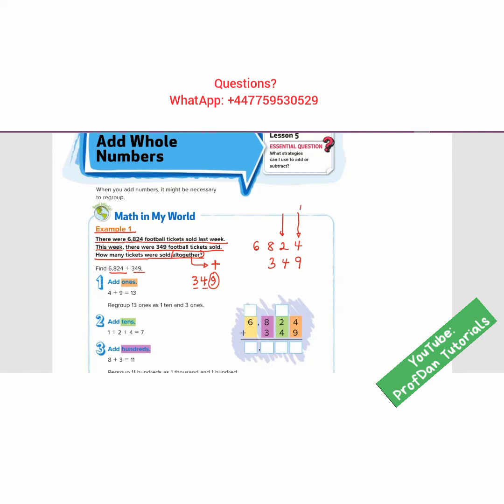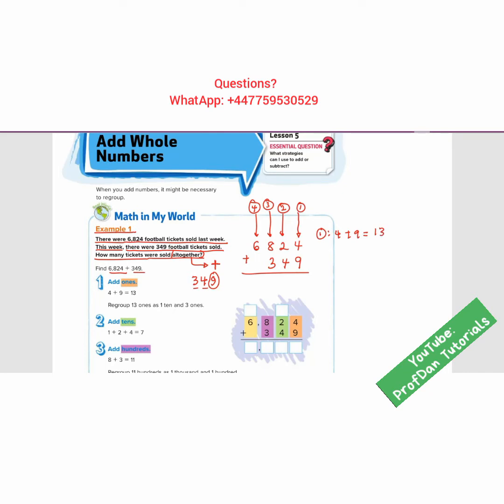So I'm going to call this number 1. That's the first thing you do. Second, add. Then this is number 3, add, and number 4. Now we want to add. Number 1 is 4 plus 9, and that is going to give you 13.